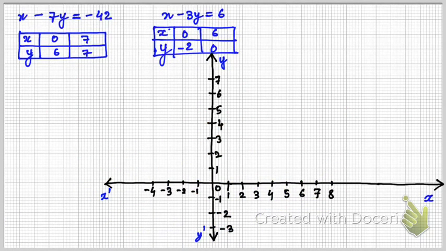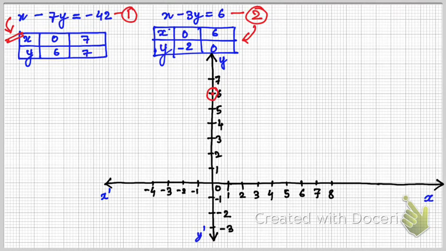So now we will be plotting the graphs. Before drawing the graph, we'll have to plot some points, right? So the first point that we are going to plot is for equation 1. This was our equation 1 and this was our equation 2. For equation 1 we have got these points, and for equation 2 we have got these points. So for equation 1, first we are going to plot the points, that is 0, 6. So from x-axis it's 0 and from y-axis it's 6, means this point.